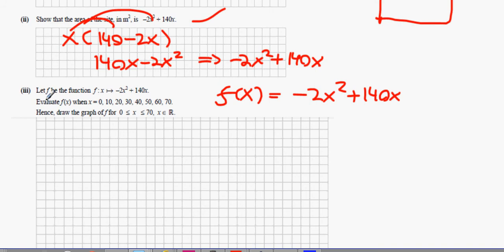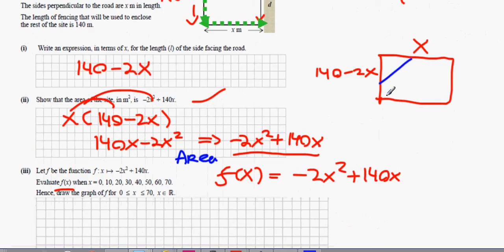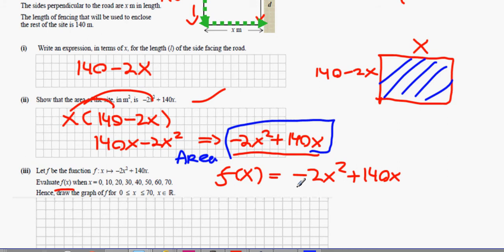Now remember, f of x is the area, because the area of the garden, or of the rectangular site, is the blue area here, and it's calculated by this formula here. So basically the area equals this. The output is area and the input is the length of the fence.